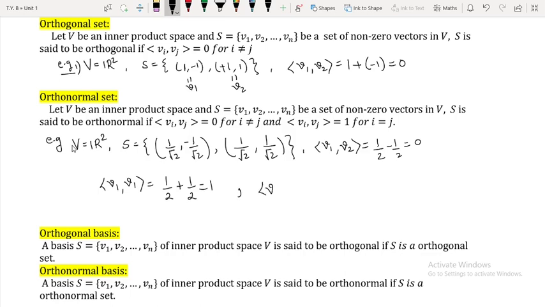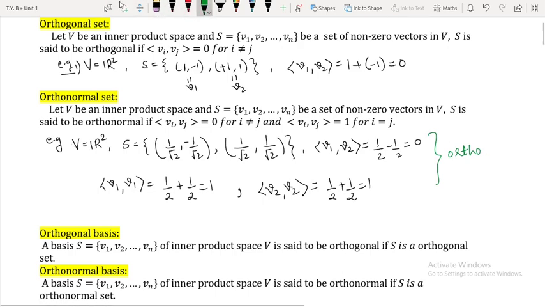And the inner product of V2 with V2 will be equal to what? Half plus half again, which is equal to 1, right? So this is an orthonormal set. Okay, orthonormal. Okay, what about this? Orthogonal but not orthonormal.